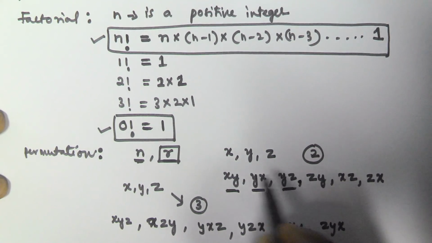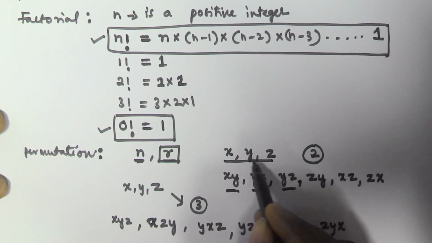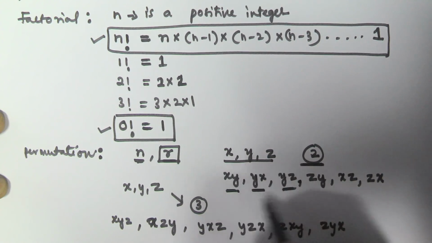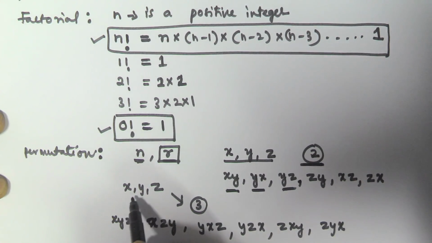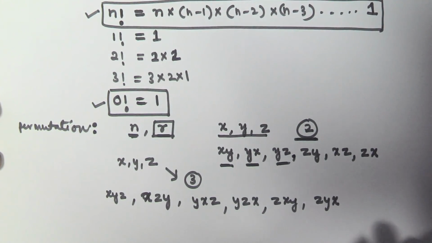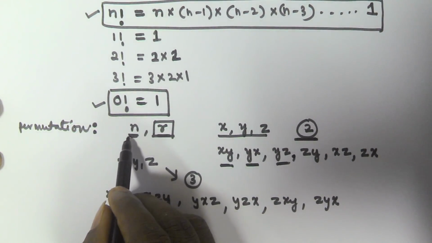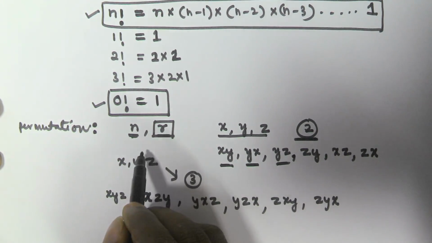So here we have three things, and out of these we took two at a time and arranged them. Here we have three things, and we took three at a time and arranged them. Permutation is all about arranging n items, taking r items at a time.